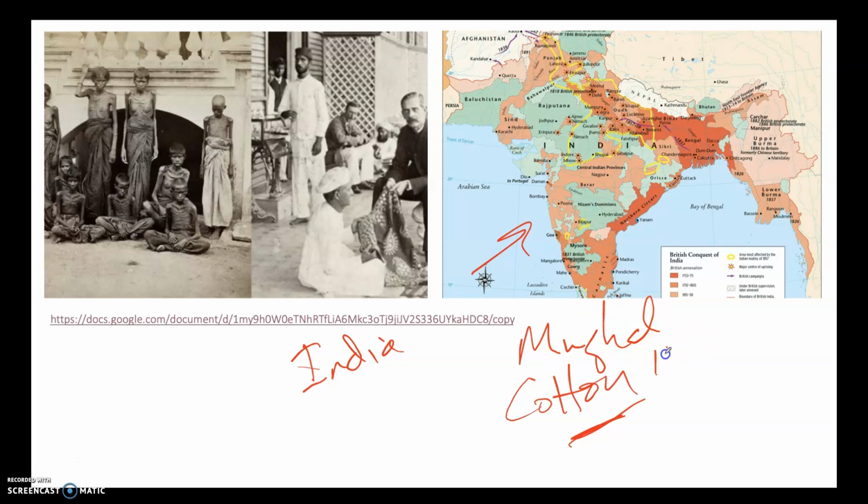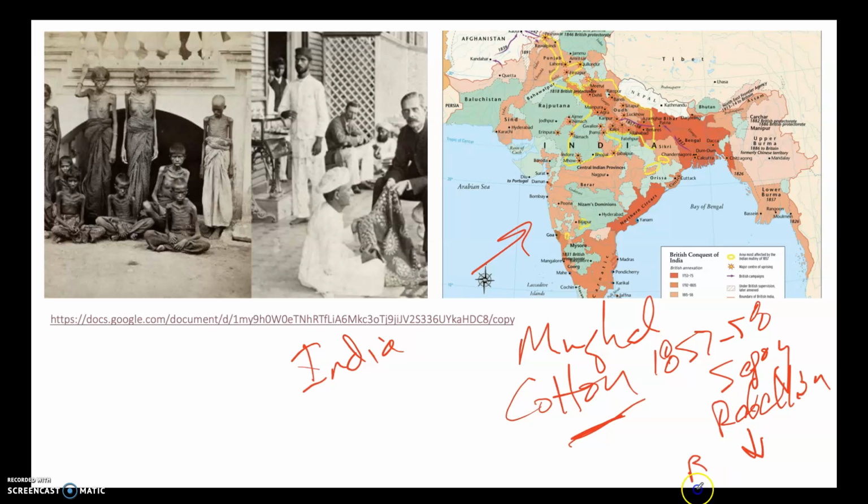It's really in 1857 and 58, the Sepoy Rebellion, that really establishes, you should put an arrow here, a political Sepoy Rebellion, the British Raj, or British rule, Raj, rule over India. Sepoys were guards. They had guns. They guarded warehouses for the British East India Company.